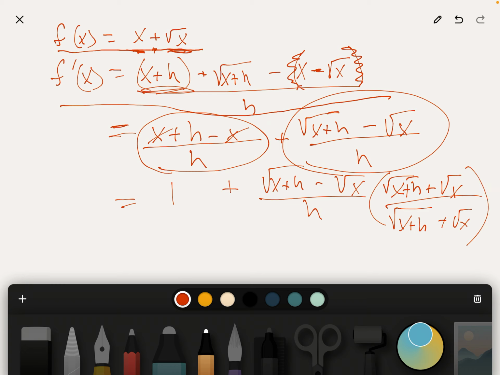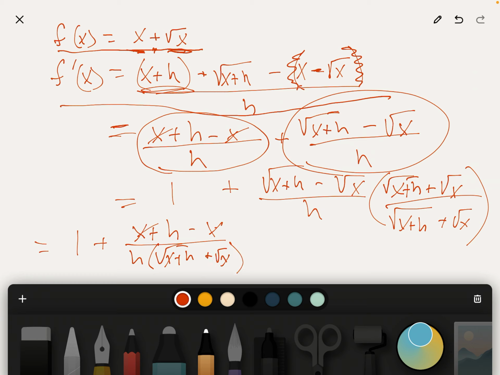Okay, so there we go. And we get 1 plus x plus h minus x all over h times the quantity square root of x plus h plus square root of x.